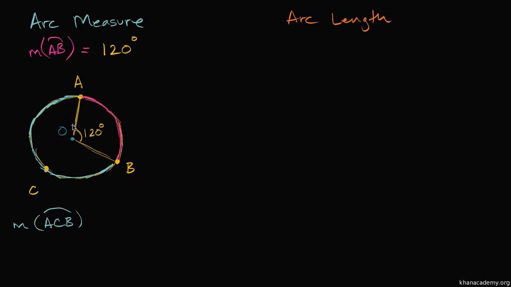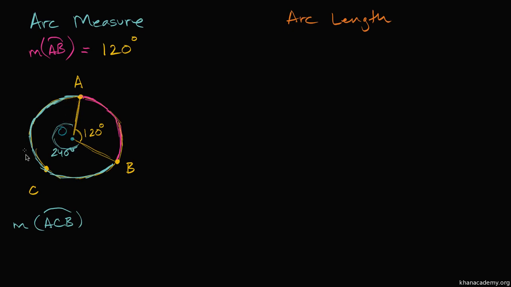Well, going all the way around the circle is 360 degrees. So this is going to be 360 minus the 120 that we're not including. So 360 degrees minus 120 is going to be 240 degrees.